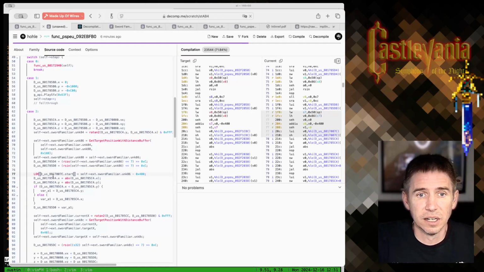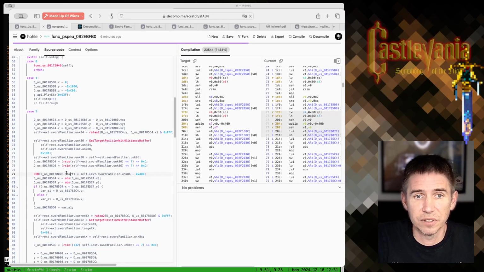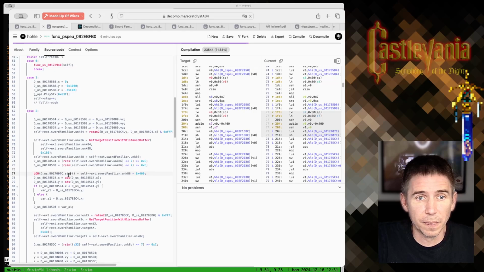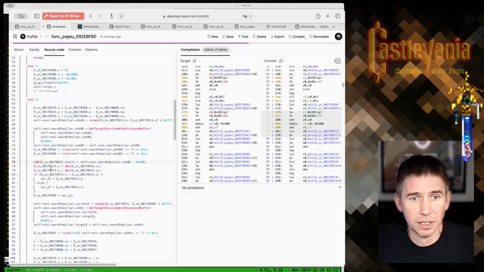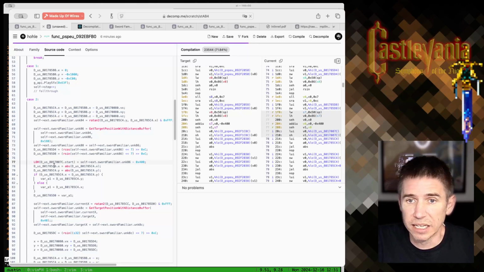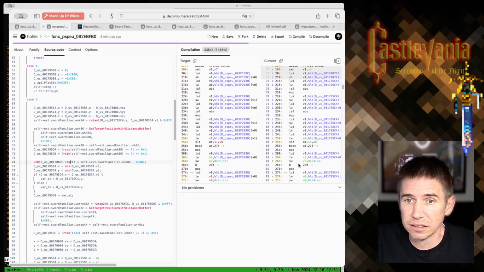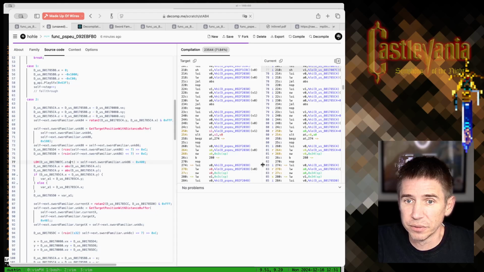So here, instead of going directly to that field, wrapping it in a signed cast seems to work.